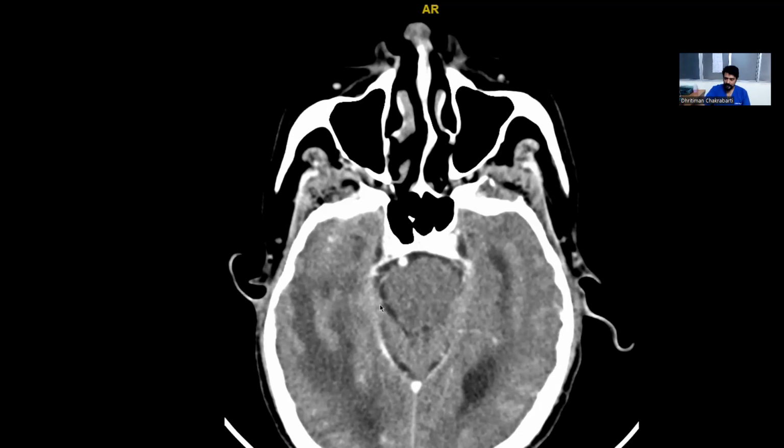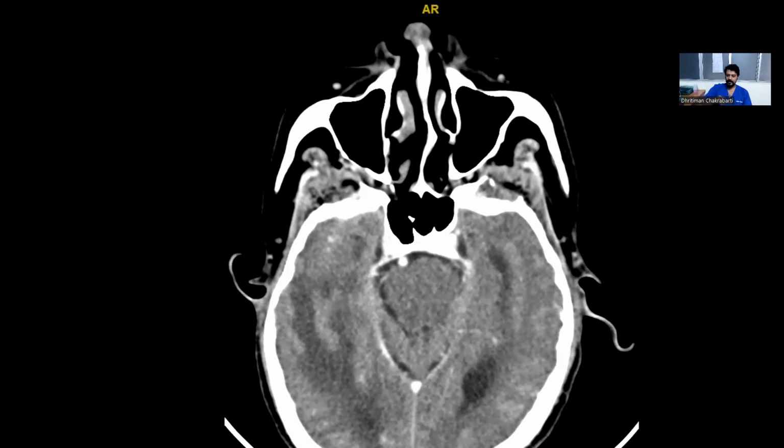So knowing this anatomy, you'll be able to make out this is the tentorium, these are the temporal lobes. This is the midbrain, and just behind the midbrain, what is there? Cerebellum. So you are able to see the cerebellum just below the tentorium, and it is seen like this because the cut is taken at an angle parallel to the skull base.